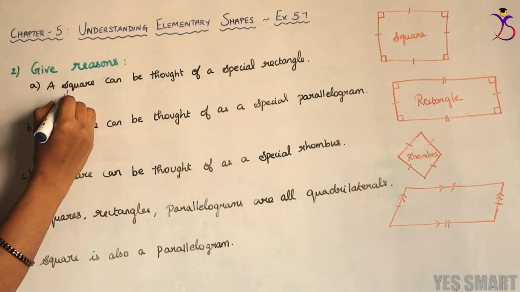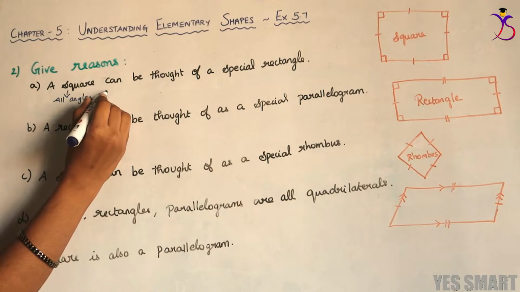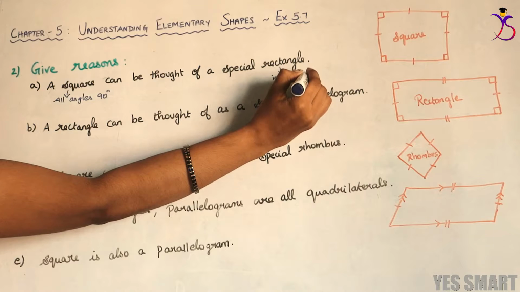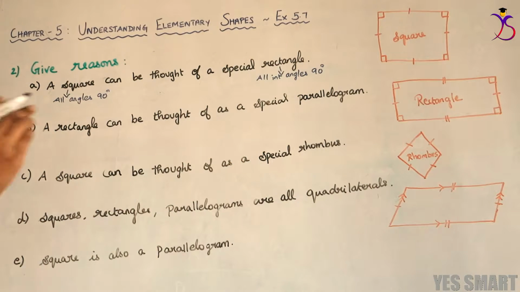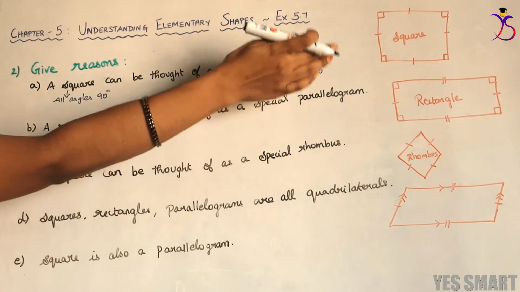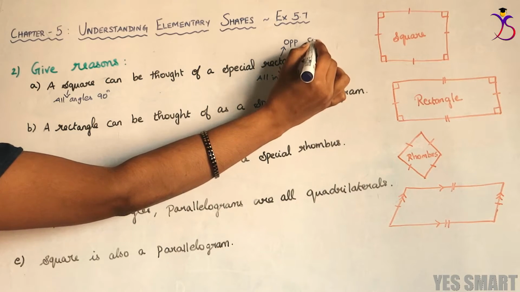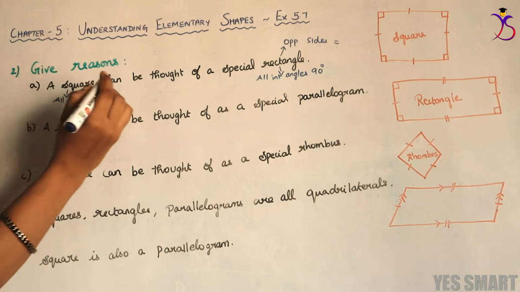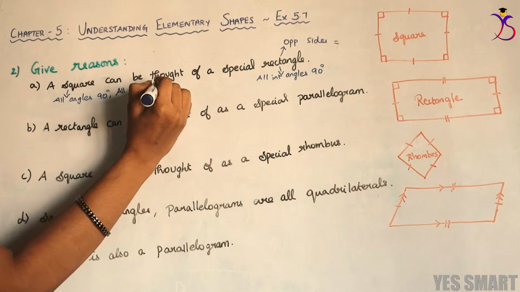On thinking about the properties of a square, we know that all the angles of the square are 90 degrees. Same way for the rectangle as well. All the interior angles are 90 degrees. Now, when we think about the sides, in a rectangle, we knew that opposite sides are equal. However, in a square, all the sides are equal, meaning the opposite sides are also equal.